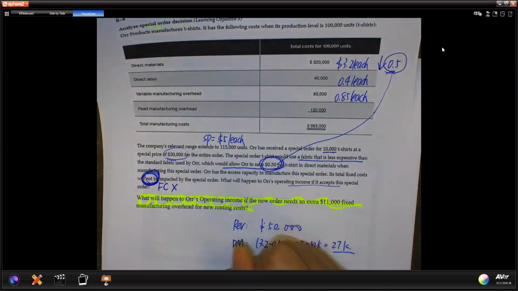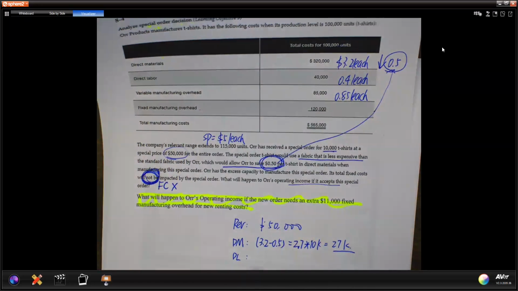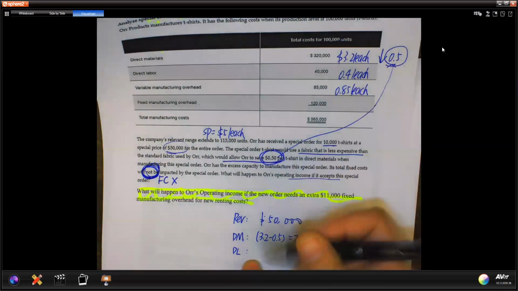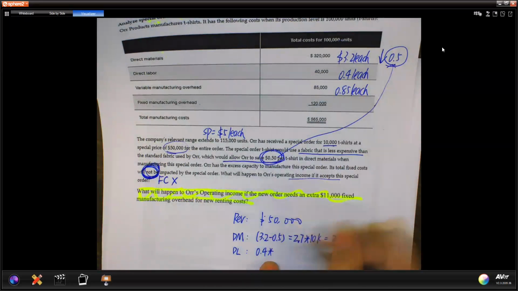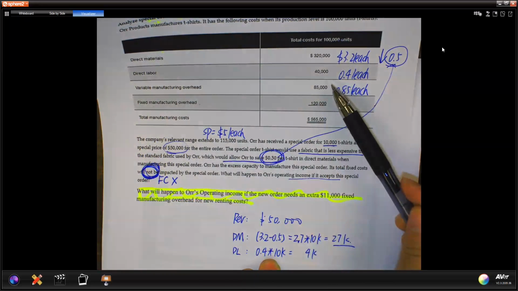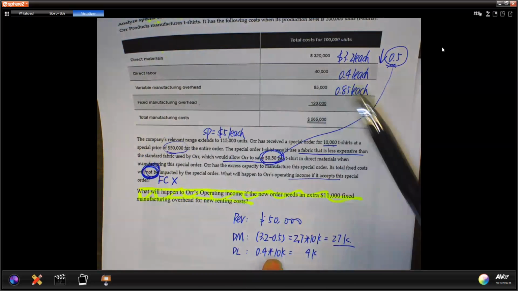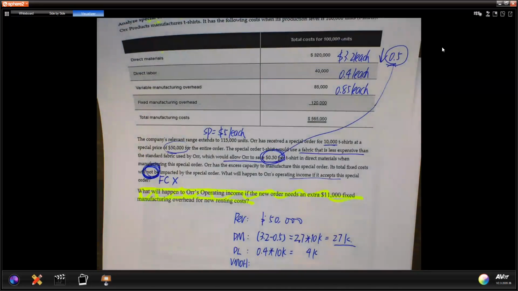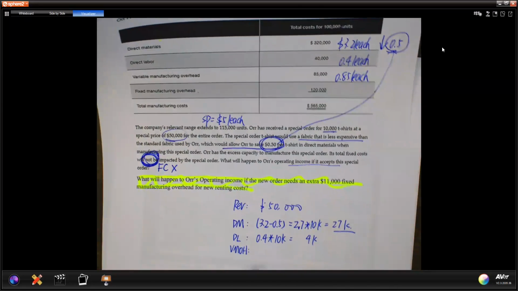And then your direct labor, because if you want to take the order, you have to make people work for you, right? So you have to pay direct labor of 40 cents each. We are making 10,000, so that gives you 4,000 as extra direct labor to work on this special order. And then you have variable manufacturing overhead, like utility. If you take the order, you definitely have to turn on the lights.